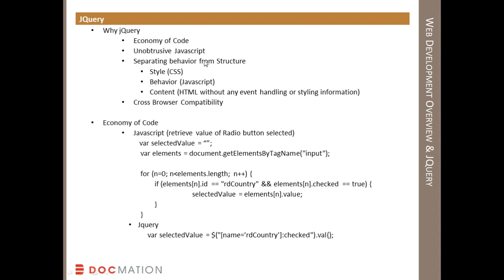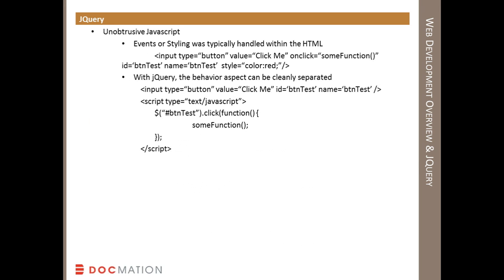The other reason why you want to use jQuery is that it is unobtrusive JavaScript. What do you mean by unobtrusive JavaScript? When you're writing your HTML code, one rule of thumb or best practice is not to mix the style and the behavioral information as part of the HTML tags.